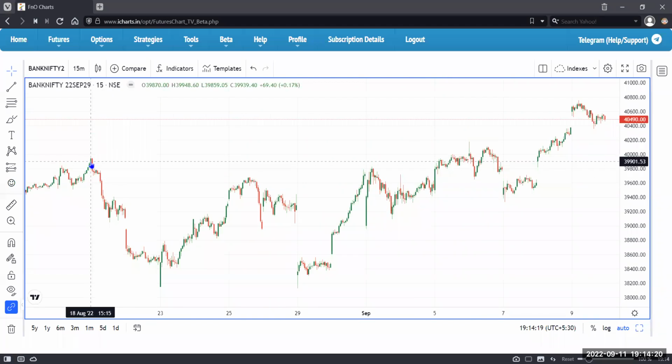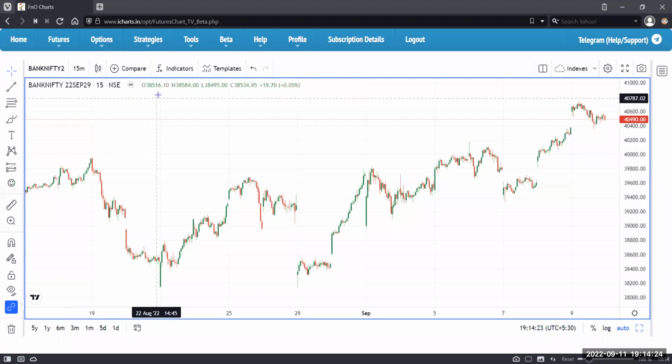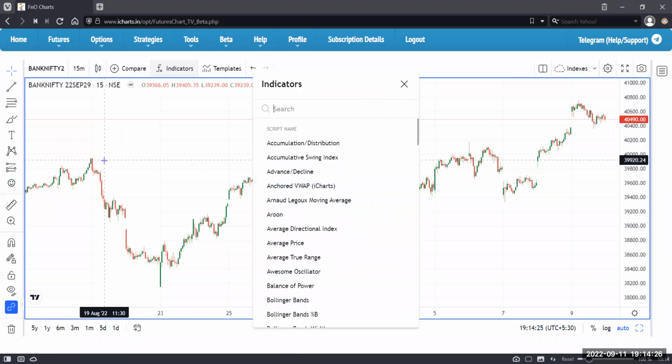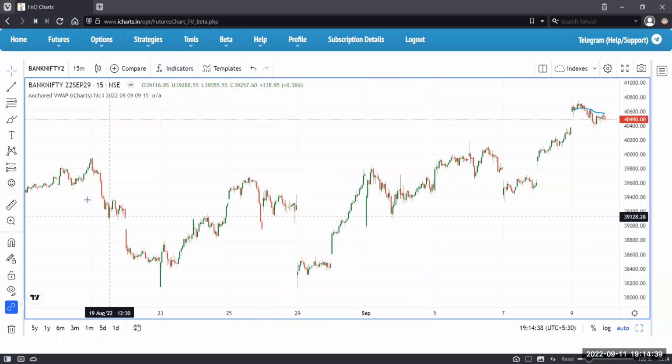Suppose, let me plot here, 18th August, 3:15. With the drawing tool it is easy: you just click here and then click here, and that's it, it gets added. But here it is a little bit tricky because you have to specify the start point.